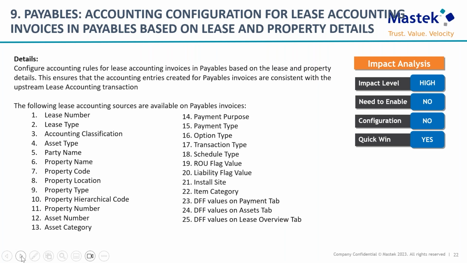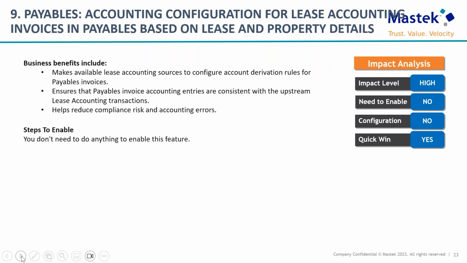The following lease accounting information is available on payables invoices, for example, lease number, lease type, payment purpose, payments type, and so on. In total, there are 21 fields, so that payables invoices are consistent with lease accounting transactions, and it helps to reduce the compliance risk as well.